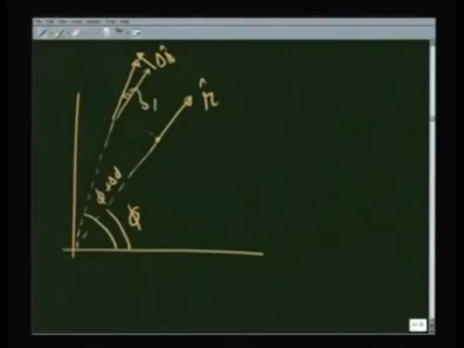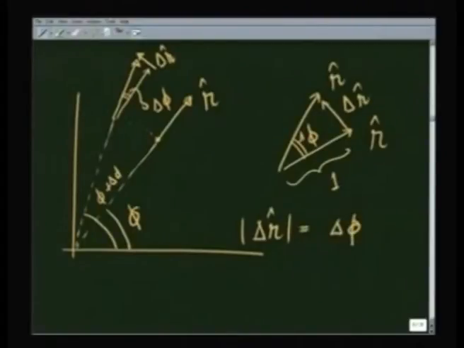This angle is delta phi. If I redraw it, initially your vector was like this, the final unit vector is like this, this is the change, and this angle is delta phi. Since this magnitude is 1, you can see that delta r magnitude is going to be delta phi. And the direction is in the direction of increasing phi, the way I have made it. Therefore, delta r is going to be equal to delta phi times phi.